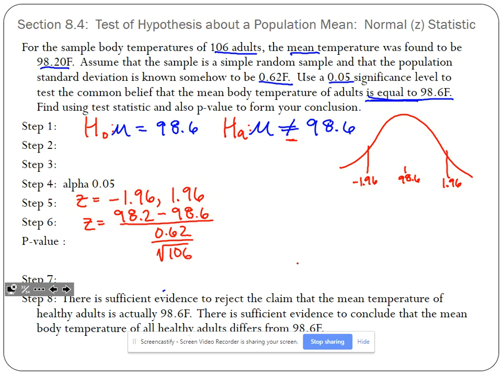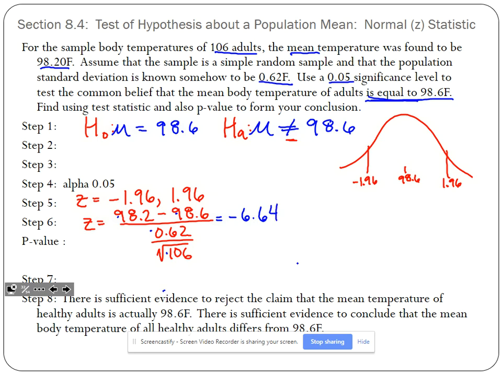N is 106 adults. So your equation is the sample mean, the mean that you're testing against, standard deviation, square root of n, all of which was given to us. And you'll find that the test statistic is negative 6.64.